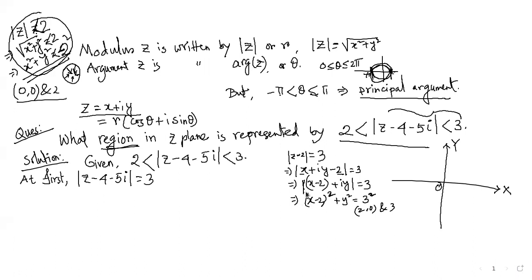We can remove this modulus by squaring both sides. It's difficult to understand as a modulus, but it's a circle with center 2, 0. In this case, it's easy to say that this is a circle. Center is 2, 0 and radius is 3.